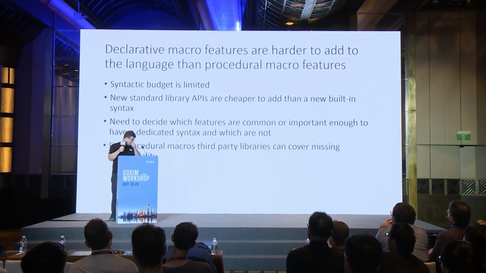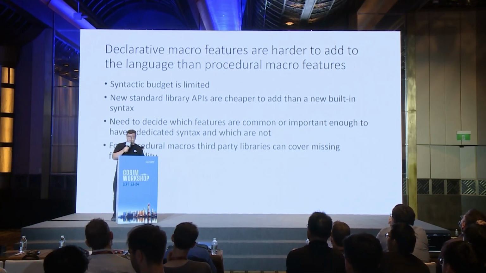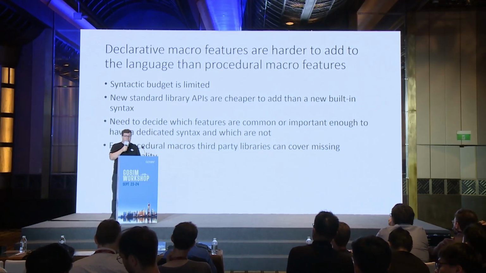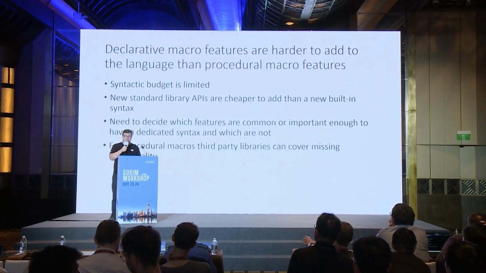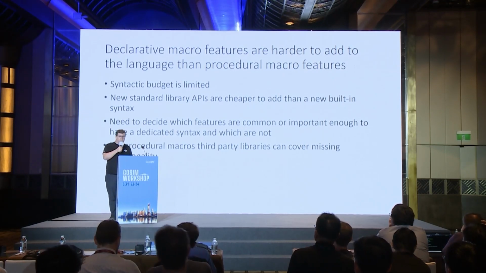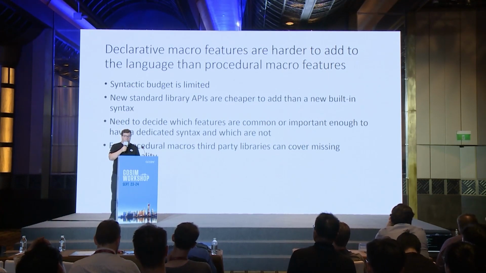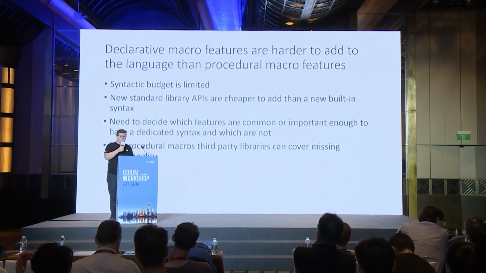So we need to decide which features are common enough and useful enough to have a dedicated syntax. And for procedural macros, third-party libraries can just cover any missing functionality that is not covered by the standard library. And for syntax in the proper language, is it harder to do that?